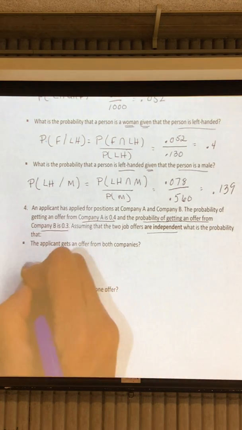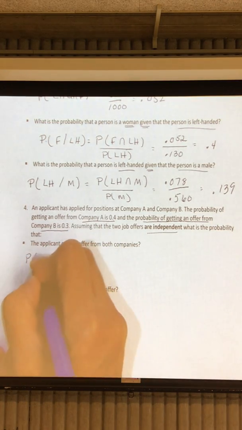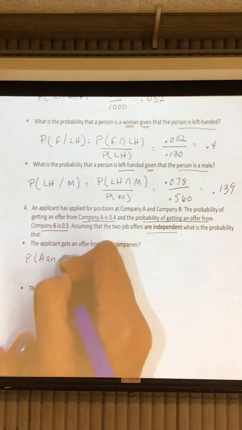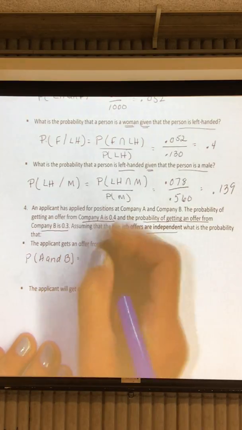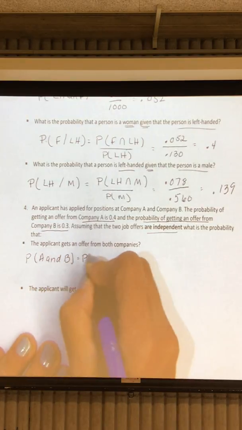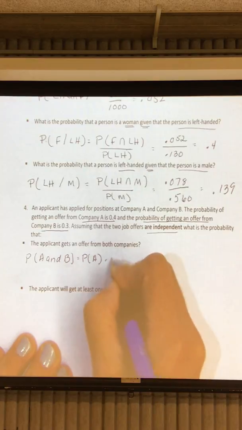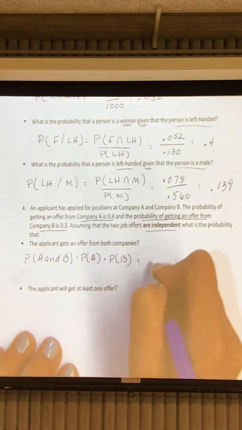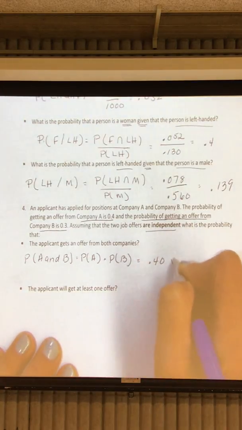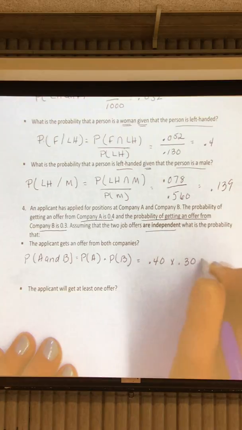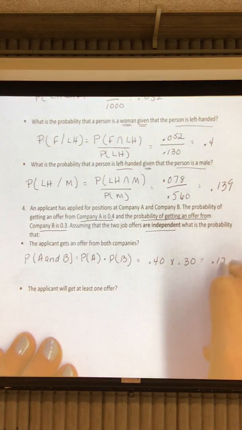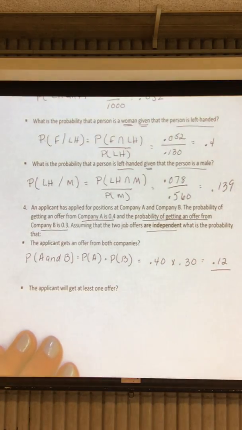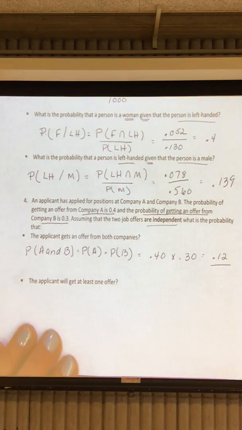Again, remember, for independent events the probability of A and B means the probability of A times the probability of B. So you multiply the two probabilities, 0.40 times 0.30, and that is equal to 0.12. So A and B is 0.12.